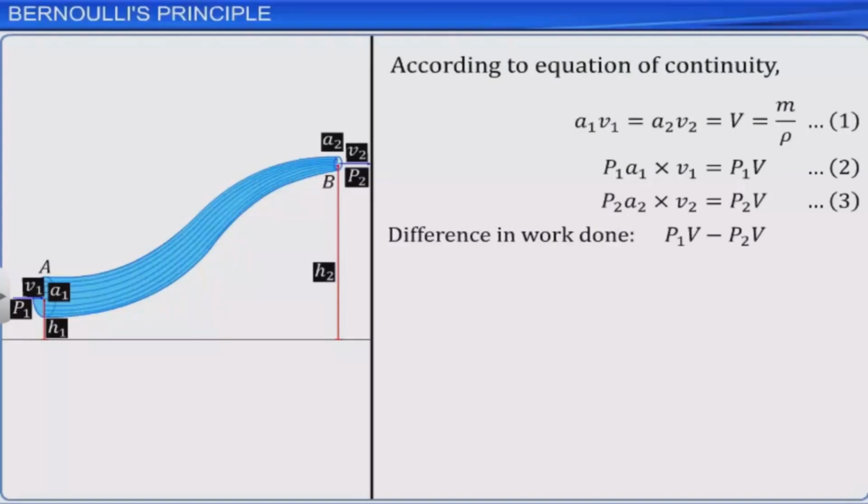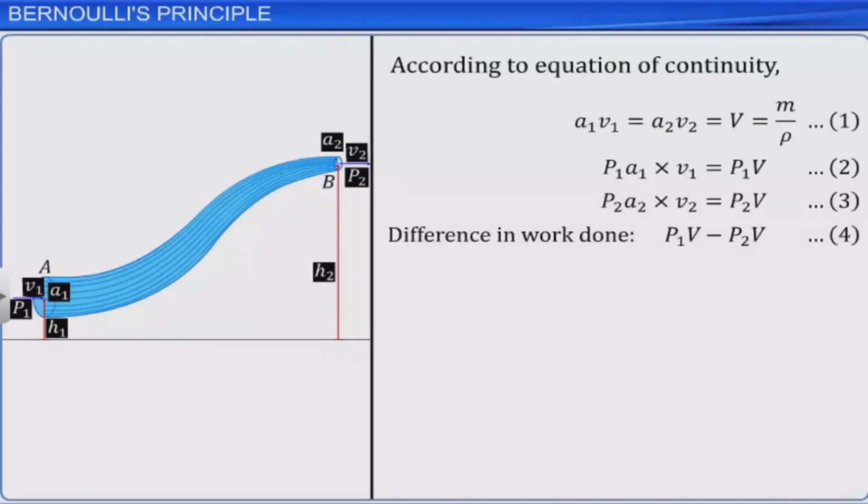Let this be equation 4. This difference in the work done is equal to the total change in the mechanical energy of the element. A part of the change in the mechanical energy is used to increase the potential energy of the liquid element and the remainder to increase its kinetic energy.